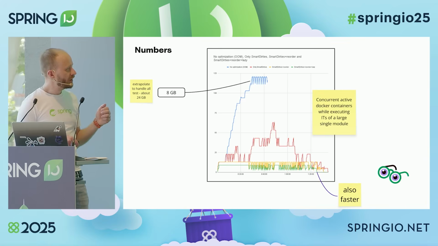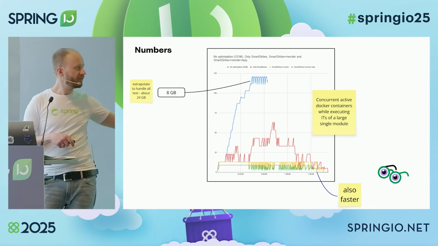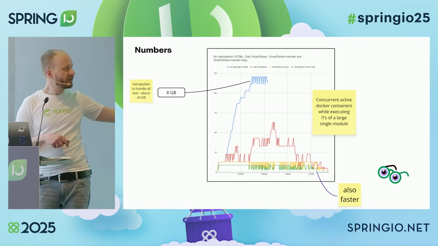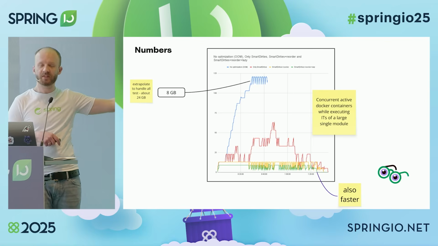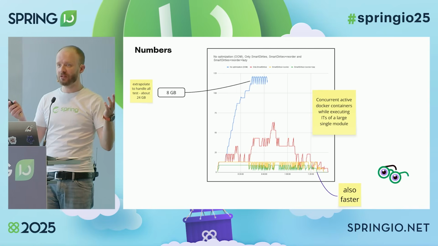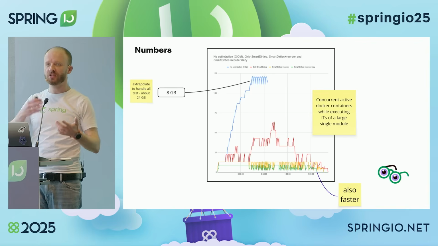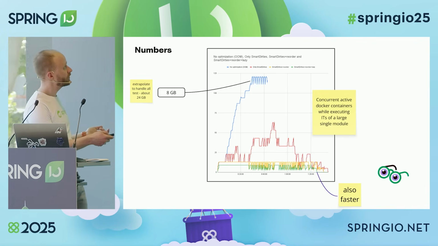As you can see, the combination of all approaches, the green line, is the best one because we have a very small number of active Docker containers. Also, I would like to emphasize that in this scenario the test execution was the fastest in comparison with any other optimization, because our machine was not losing resources switching context to manage all those heavyweight Docker containers.